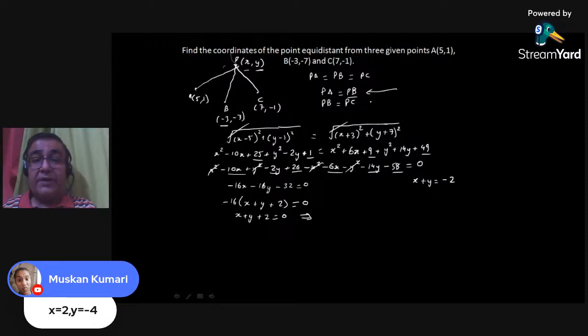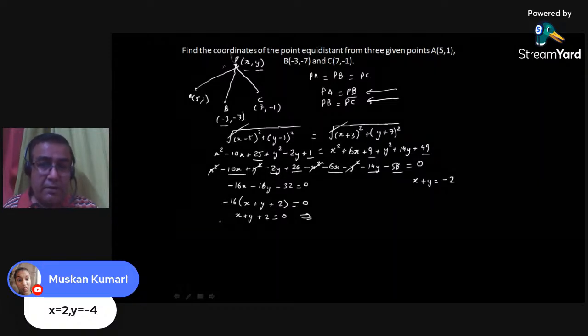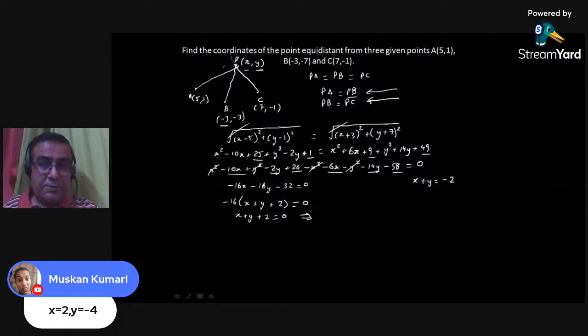Now I'm going to look at the second equation where PB is equal to PC. Let me do that. So PB, we had already found out that PB is basically this thing over here. So it's the square root of that actually.